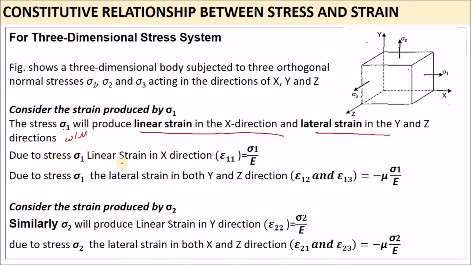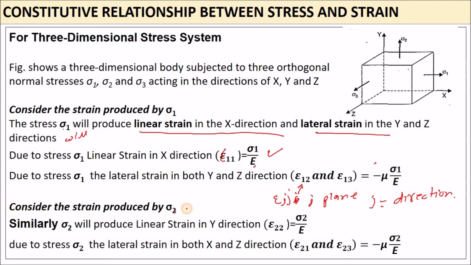So due to sigma 1, linear strain in x direction will be epsilon 1 equal to sigma 1 by E. From Hooke's law, we know that due to stress sigma 1, the lateral strain in y and z direction will be epsilon 12 and epsilon 13. Here, the first digit I, you can say epsilon IJ, here I is plane, J is direction. This is a simple method to denote epsilon IJ, plane and direction. In y and z direction both will be equal to minus mu sigma 1 by E.